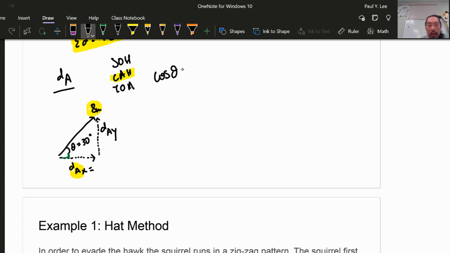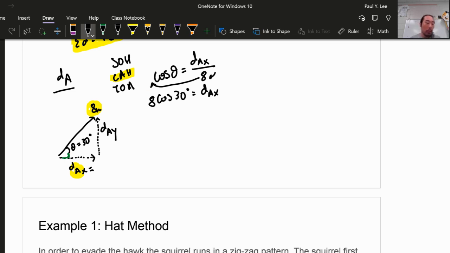So the cosine of theta is equal to dAx, which is the adjacent side, over the hypotenuse, 8. All right, and we know cosine of 30 is equal to the following. So what I'm going to do is move this denominator over onto the other side so that we're solving for our only unknown variable, dAx.